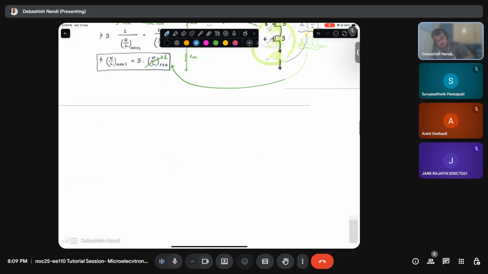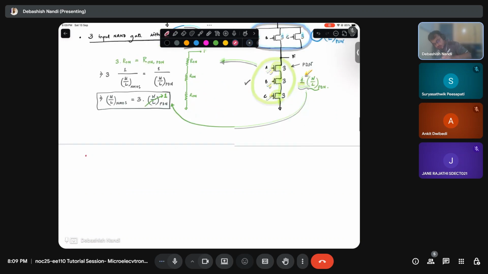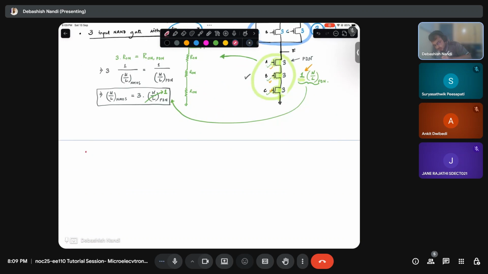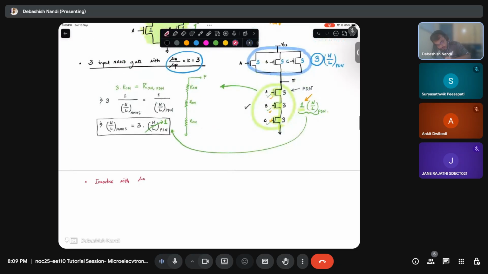Now the question is, what about a CMOS inverter with mu n by mu p equal to 3?